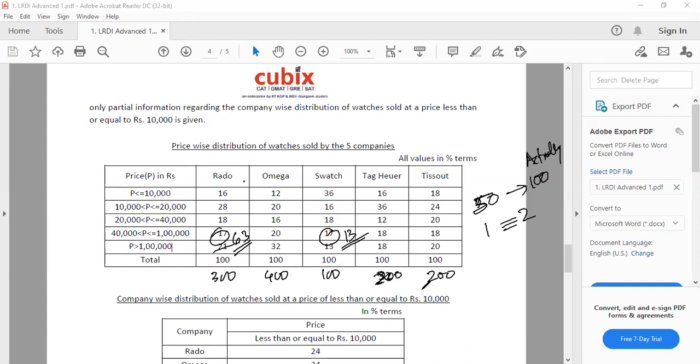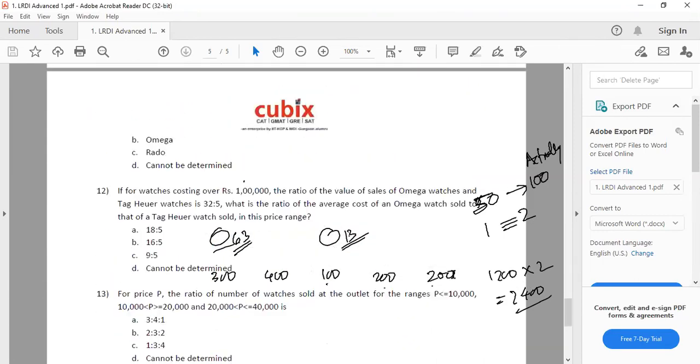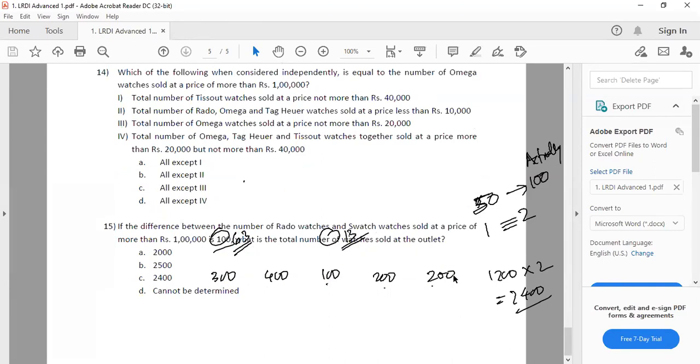Just check. Yes, sir. Let's add, how much is coming? 7, 8, 9, 10, 1200. So we have to double it. So 2400. 2400 watches were sold. Is it clear? Yes, sir. Third option.